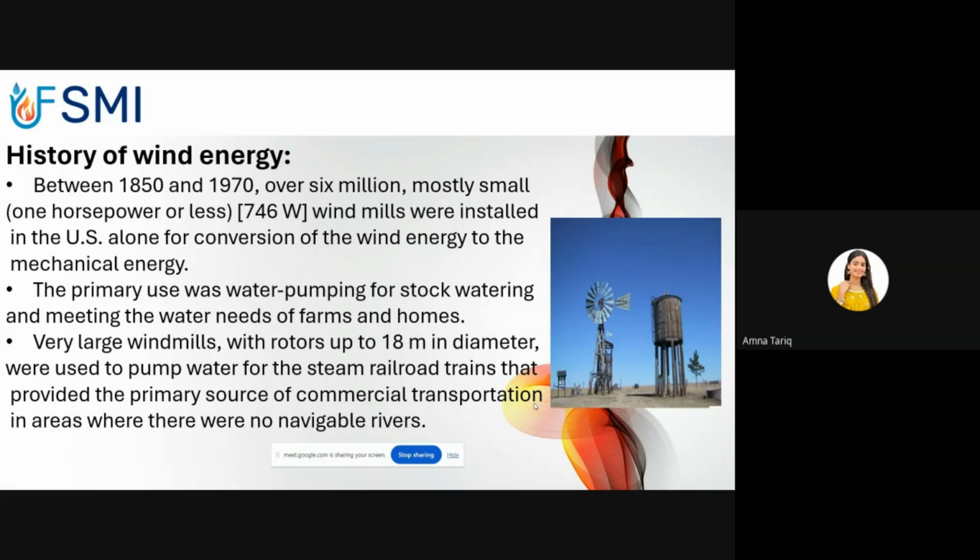Europe is leading the world in the utilization of wind energy. The European Wind Energy Association has a project for wind generating electricity capacity. The USA is also making a major push towards the use of more wind energy. So this is the history of wind energy.